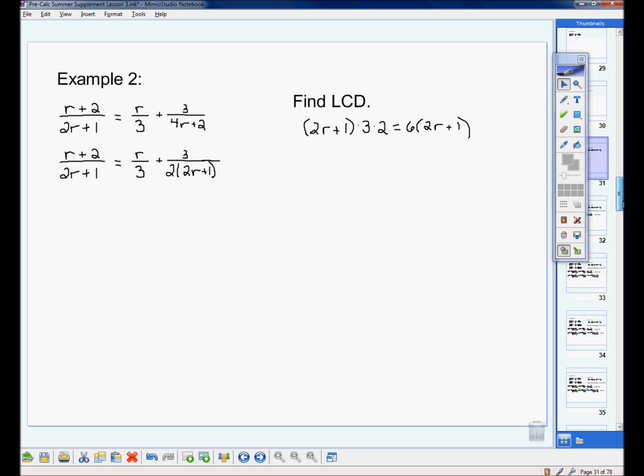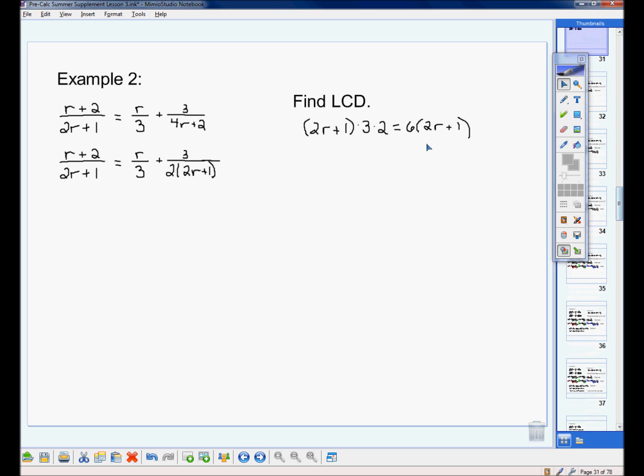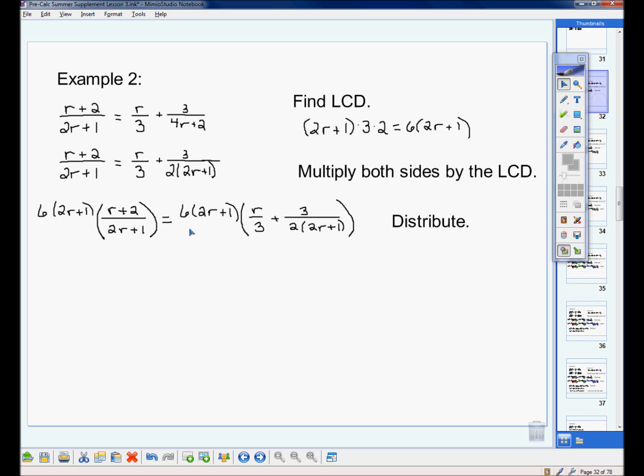And then, as you recall, we need to multiply both sides of our equation by our least common denominator. So there it is. Multiply both sides by the least common denominator. Now, once again, as you recall, we have to distribute.